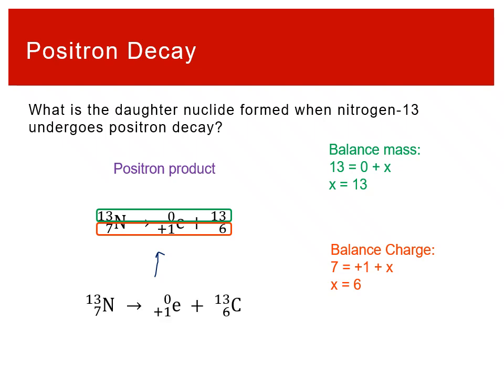So we put those together. We can look it up. 6 is carbon. So our daughter nuclide is going to be carbon 13. So we can follow the same process, balancing mass, balancing charge, to figure out what the daughter nuclide is for this particular process.